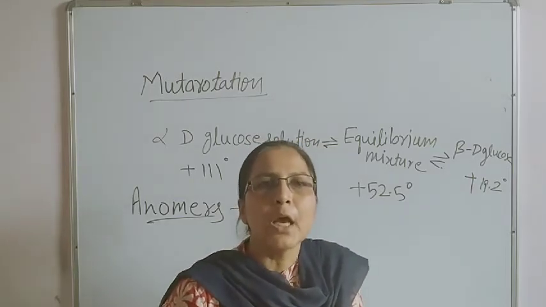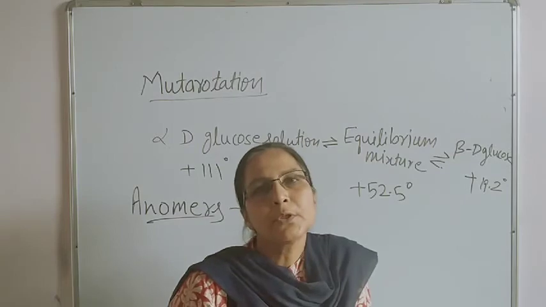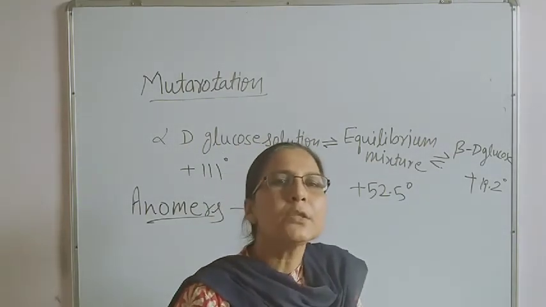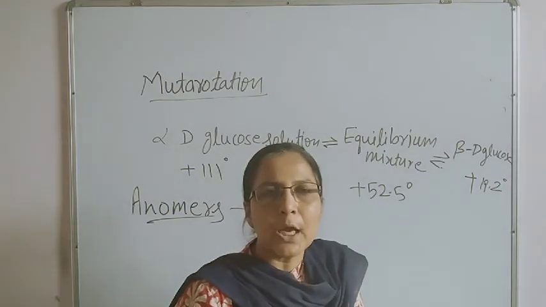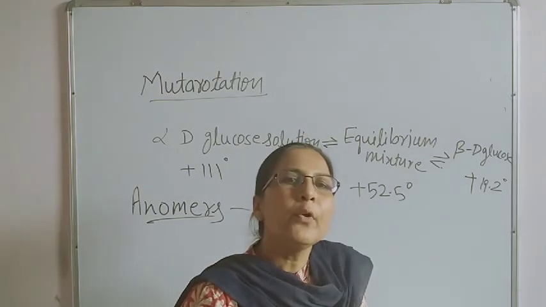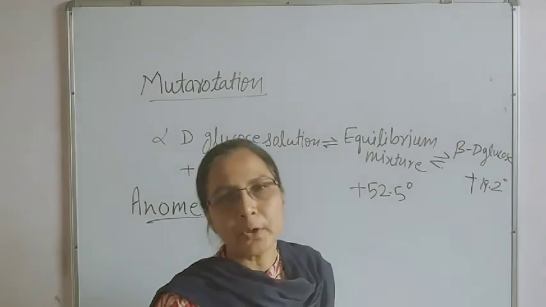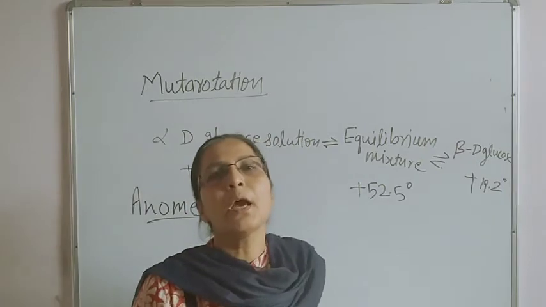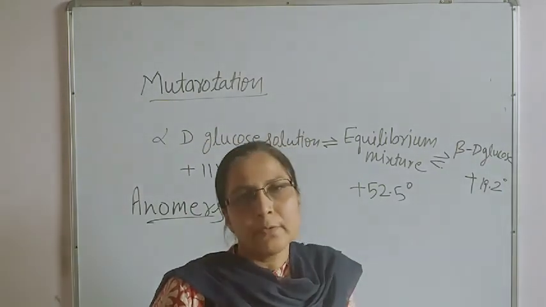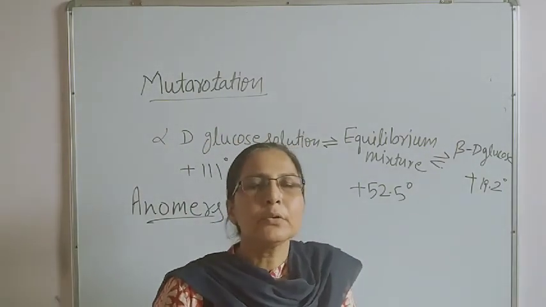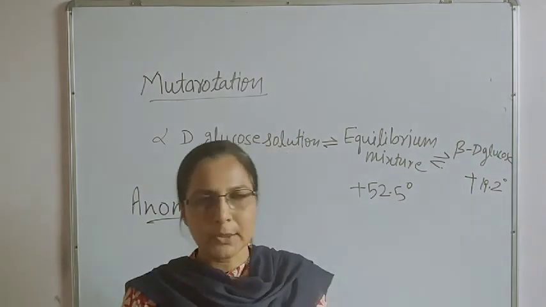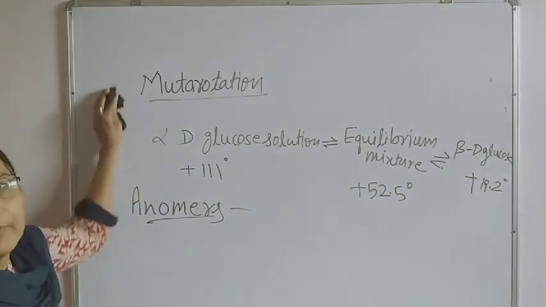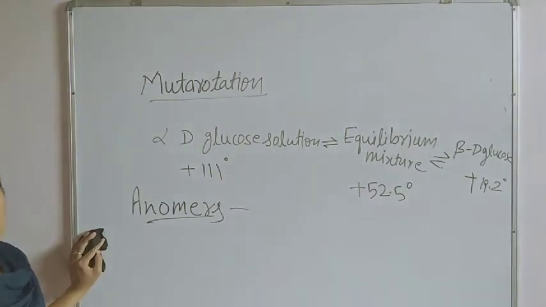C1 is known as the anomeric carbon atom, which is formed in the closed cyclic structure. In the open structure, we didn't get this chiral center. So the newly formed chiral center in fructose, that is the number 2 carbon atom, is known as the anomeric carbon atom, due to which we have alpha D fructose and beta D fructose. So that's all about anomers. Now we will go for the next type of biomolecule.